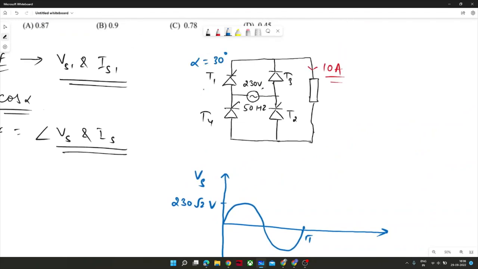So at 30 degree, T1 and T2 will be turned on. At 30 degree, T1 and T2 will be turned on, and this load would be in forward connection, right? Like this. T1 and T2 would be on.